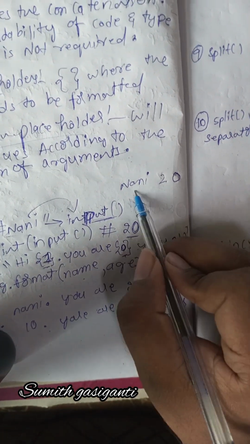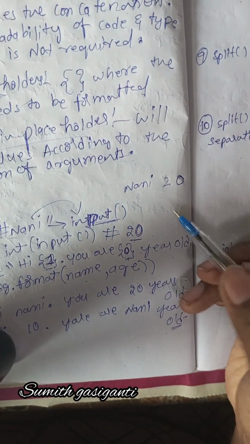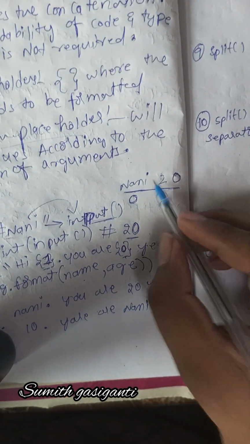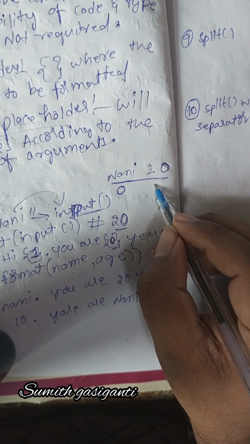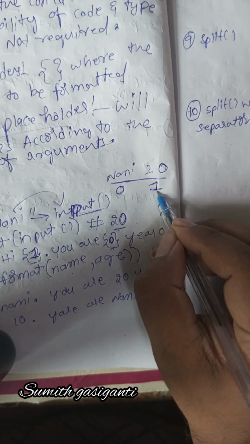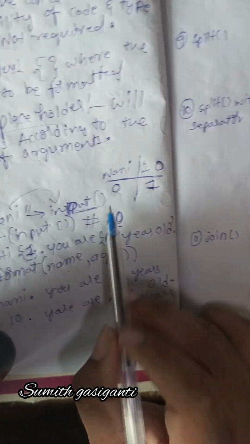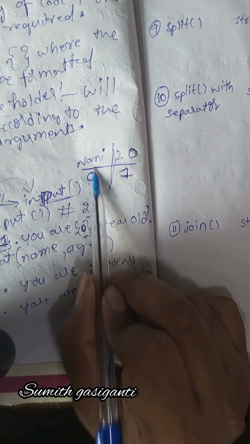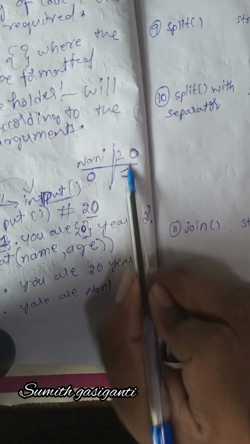How it will be means, here the first input is taken as position 0 and the second input as position 1. The first one is taken as 0th index, Nani, and the second one is 20.